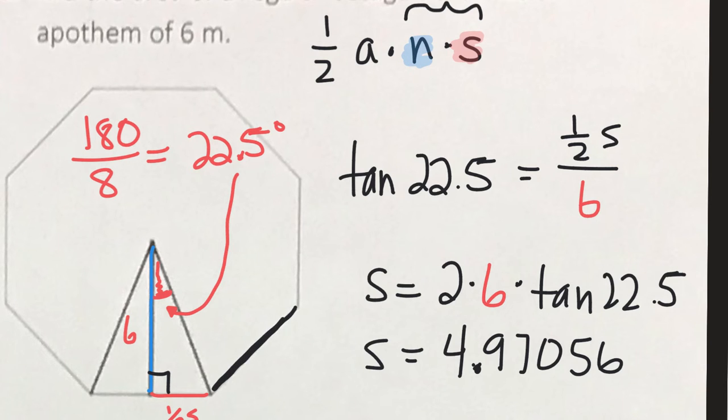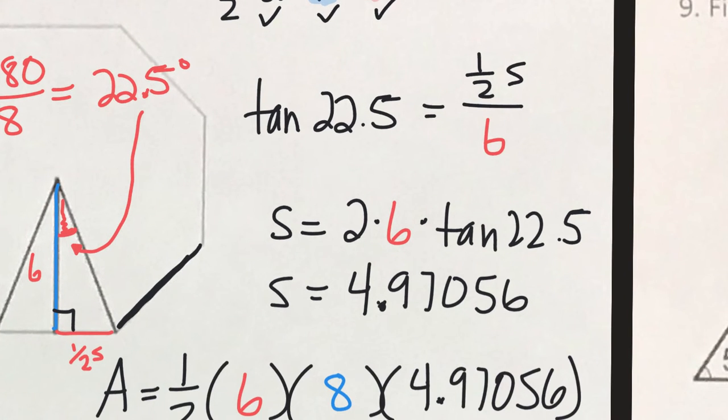We know the apothem, the number of sides, and the side length, so we can calculate the area of your regular octagon. The apothem was 6. How many sides does an octagon have? 8 sides, right? We can count that. And our side length was 4.97056. So I'm going to put all this into my calculator and see what it gives me.